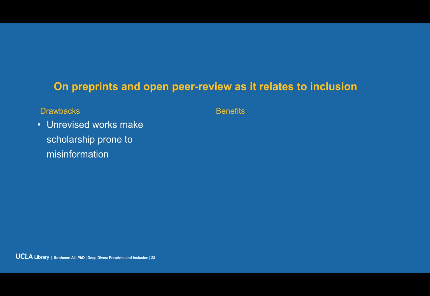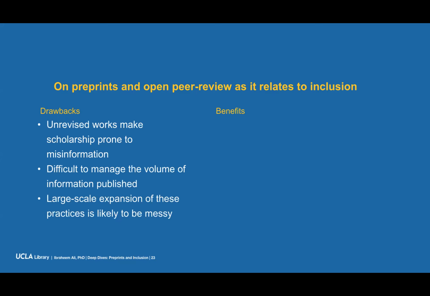Peer review is not necessarily just the worst thing ever. It can also be difficult to manage the volume of information published, especially if we are suddenly publishing all of these research outputs. There's going to be a problem of curation and findability of all of this content, so large-scale expansion of these practices is likely to be messy.